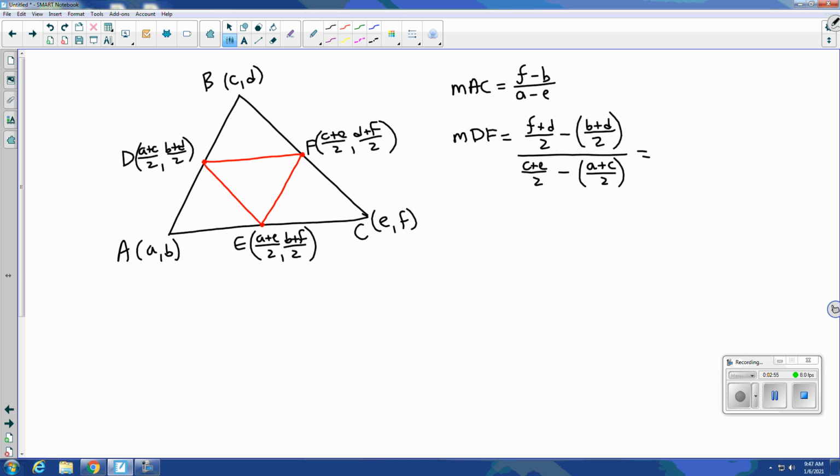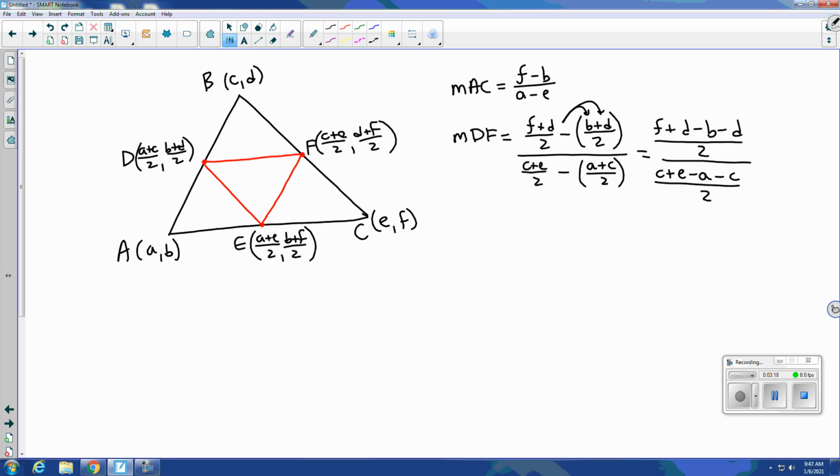If we simplify this, the negative distributes in, and since they have common denominators, we can put it all over 1. Up top we have F plus D minus B minus D all over 2, and on the bottom C plus E minus A minus C all over 2.